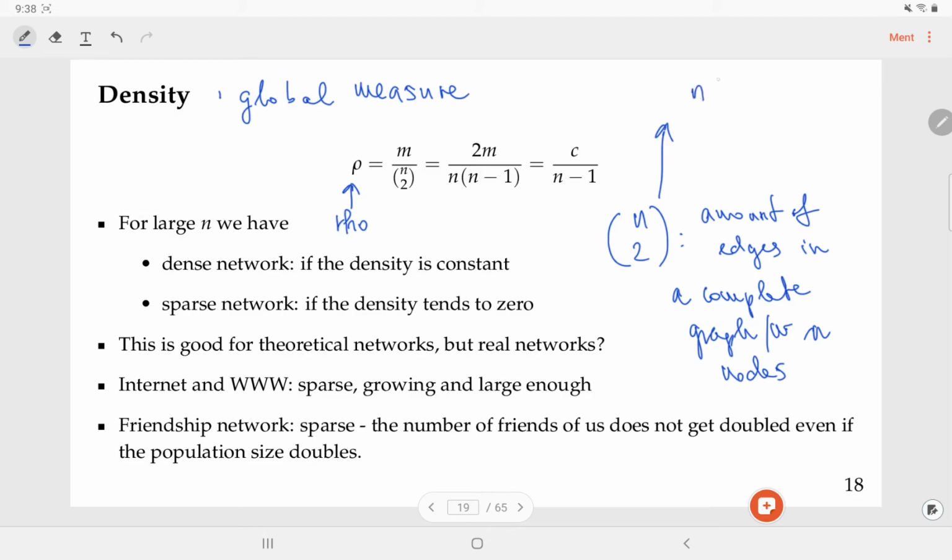I think it's n factorial divided by 2 factorial multiplied by (n minus 2) factorial.